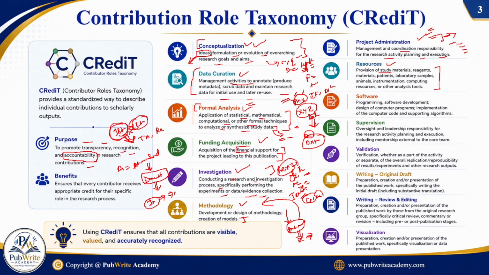Another thing is software. Software is basically programming, software development, design of computer programs, or implementation of computer code and supporting algorithms in that particular research.